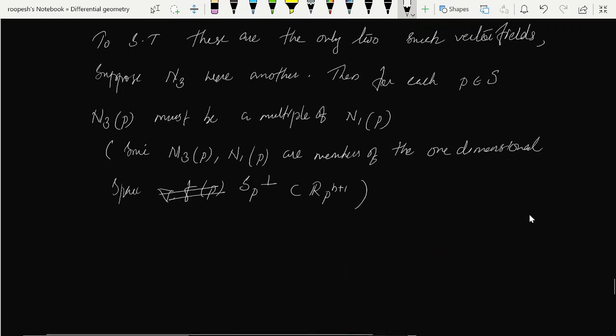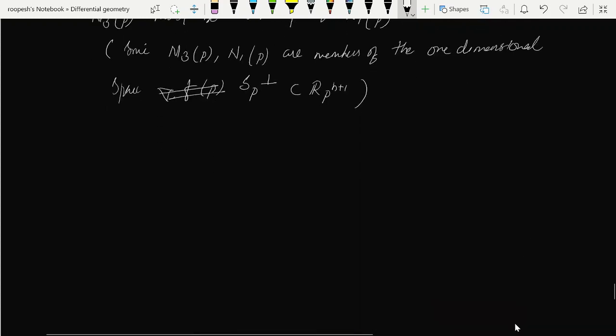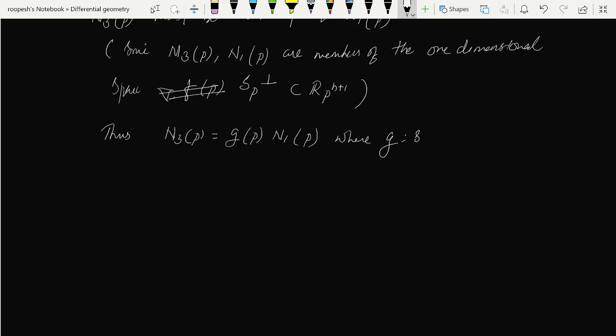Thus what you're getting is n3 of p is equal to some multiple g of p times n1 of p, where g from S to R is a smooth function on S.